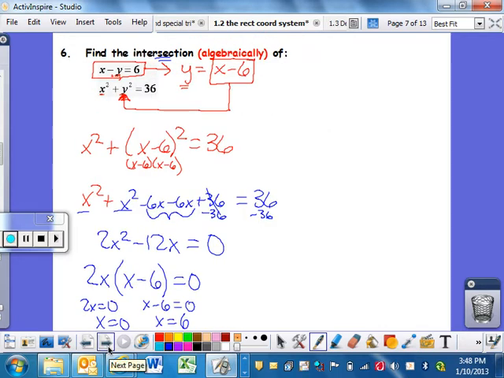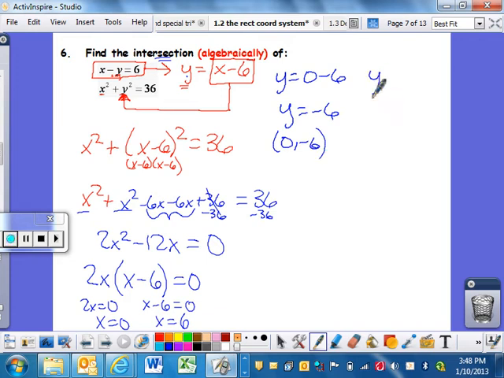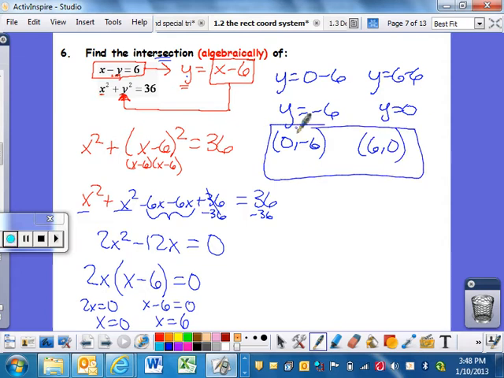So I have a line. I need to plug in 0. So when I plugged in 0, I got y is negative 6. And then I also need to plug in 6. So then when you plug in that, 6 comma 0, and those are your 2 intersection points of your graph.